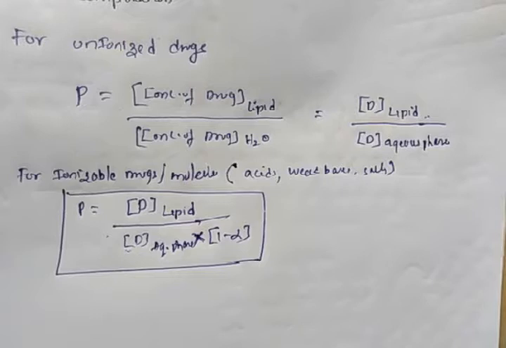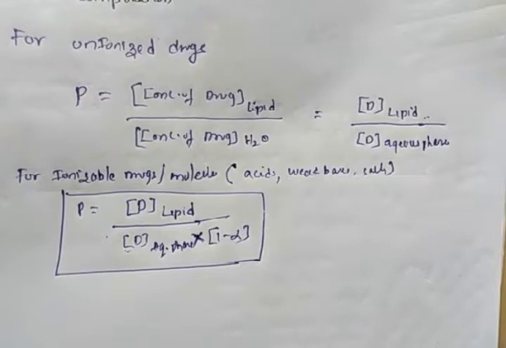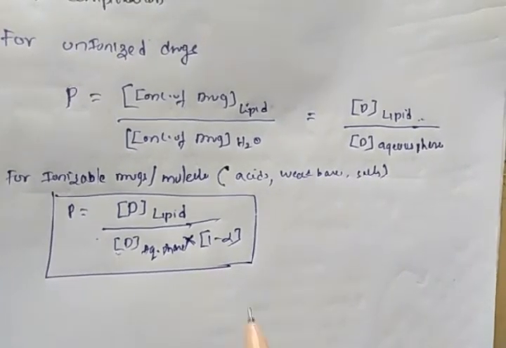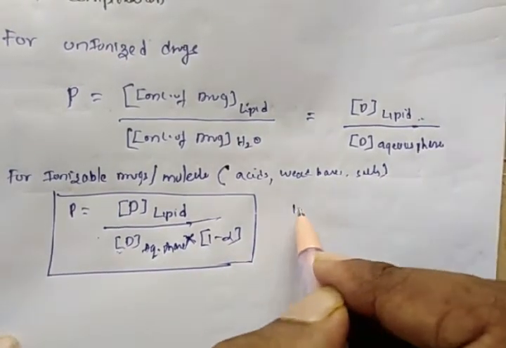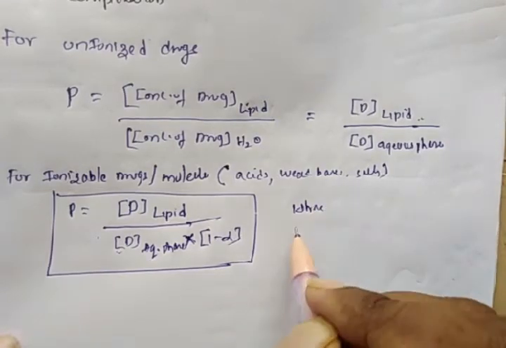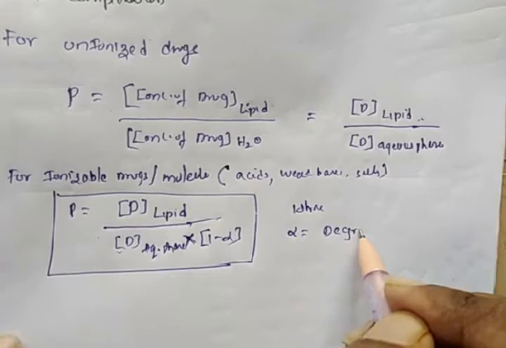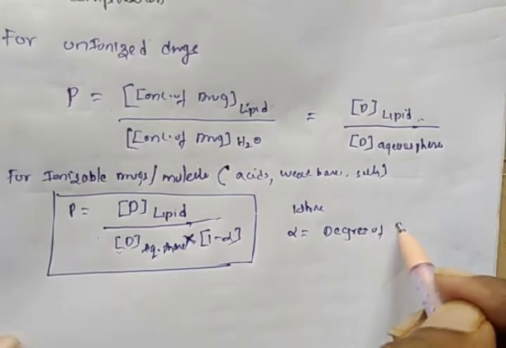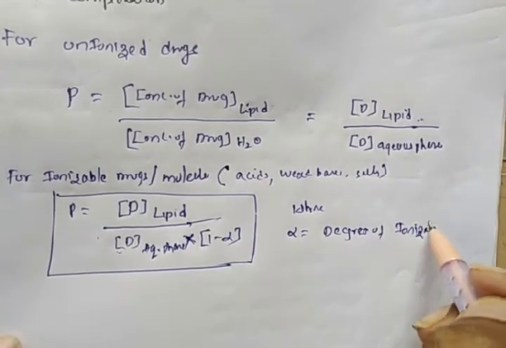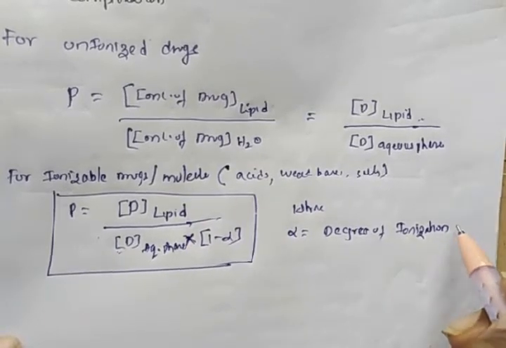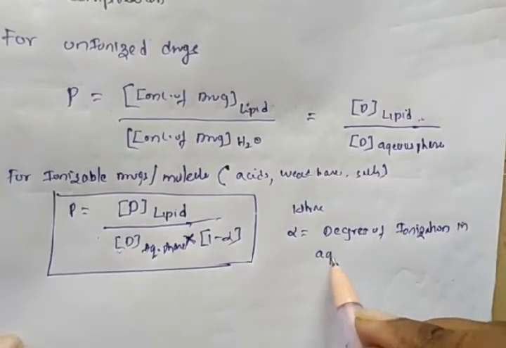So we majorly use this partition coefficient formula: concentration of the drug in lipid divided by concentration of the drug in aqueous phase, into 1 minus alpha for ionizable drugs, where alpha is the degree of ionization in the aqueous phase.